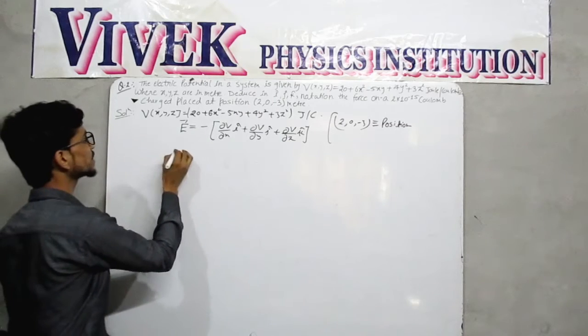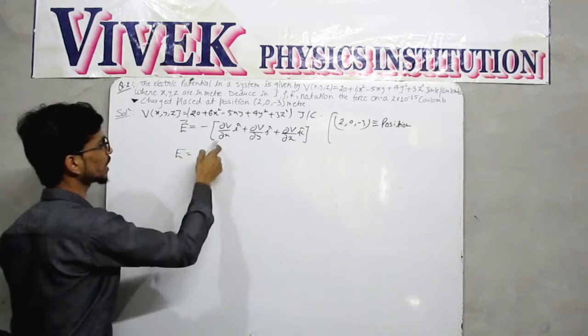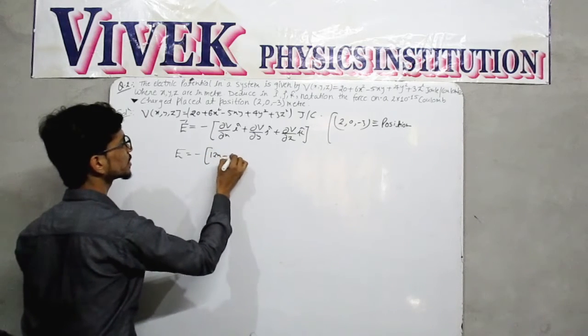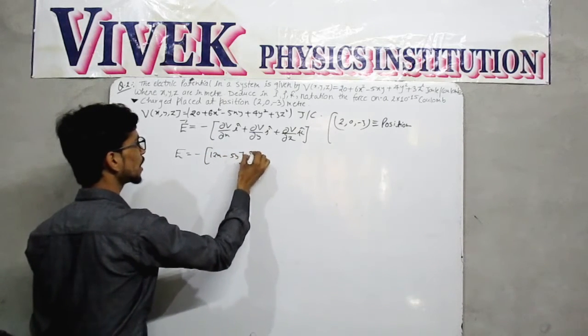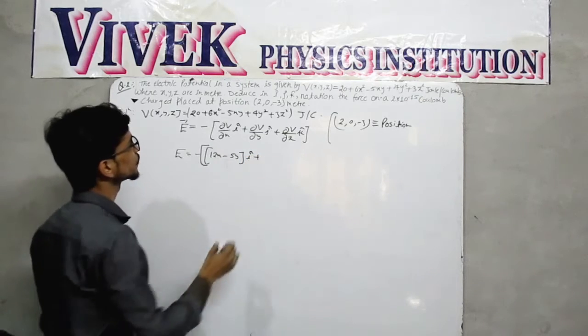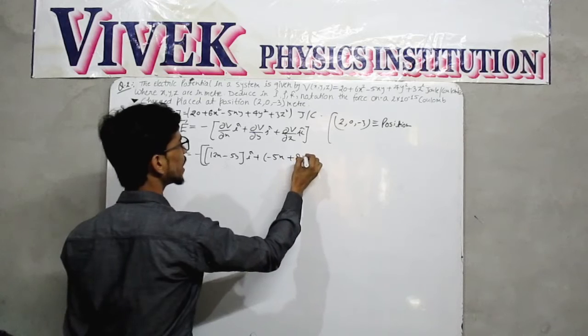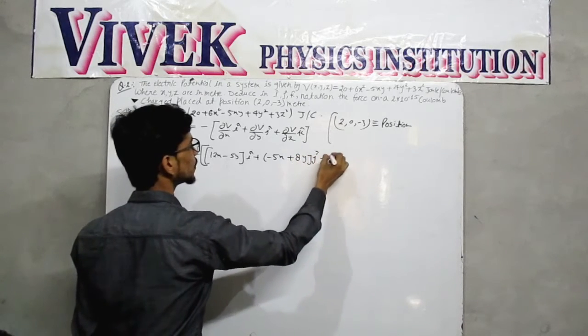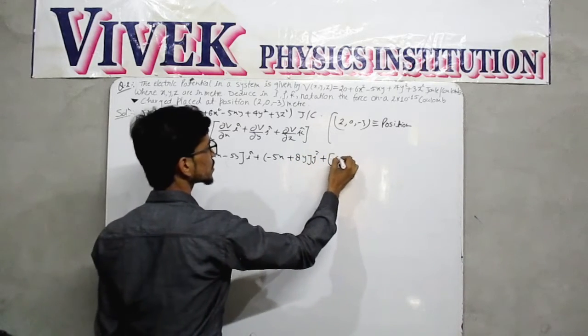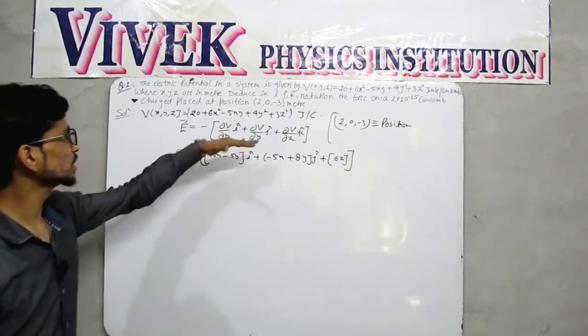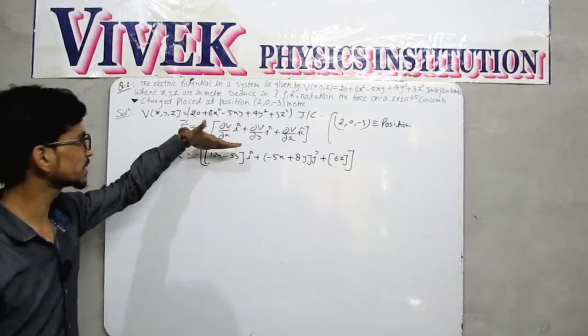So when we differentiate the given potential function partially, I get 12x minus 5y in i, plus minus 5x plus 8y in j, plus 6z in k. Okay, so this is the differentiation of the equation.